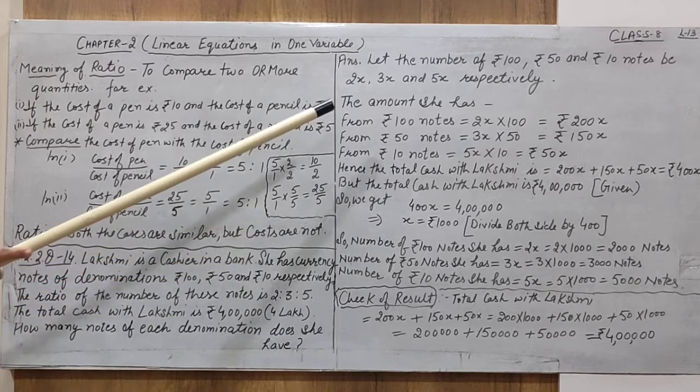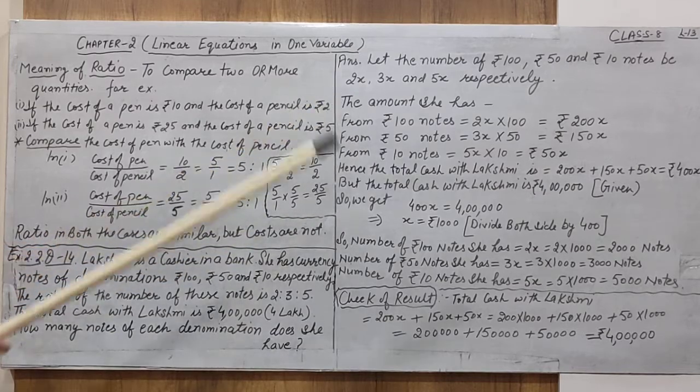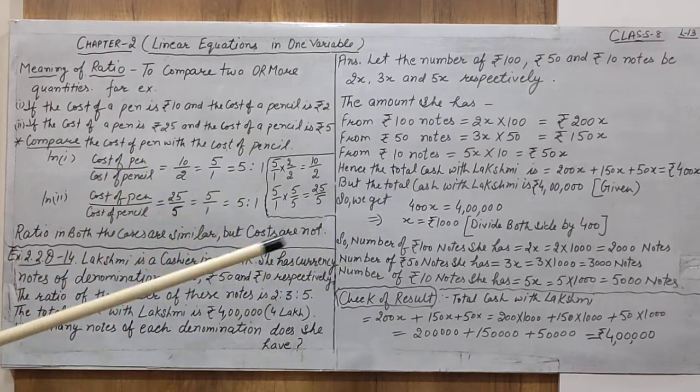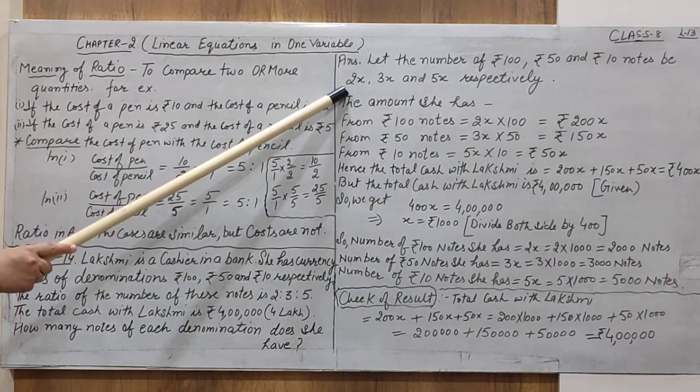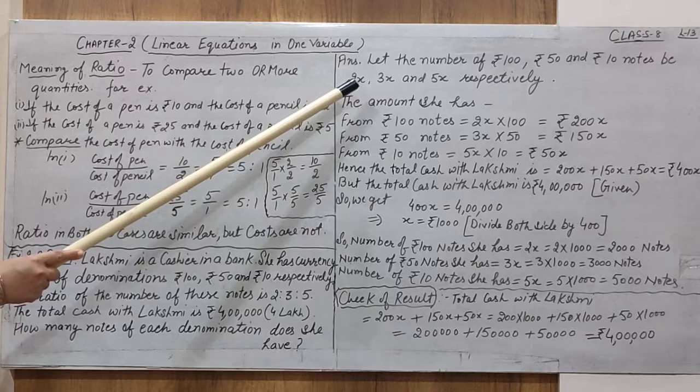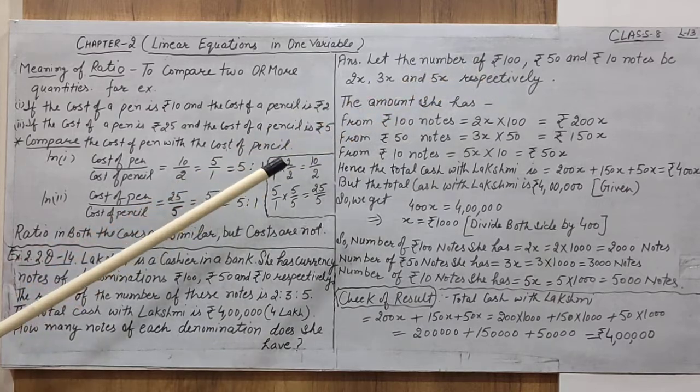Now, the amount she has. Now, this is understandable कि 100 rupees के हमारे पास 2x नोट है. Alright, ये तो समझ आ गया. Now, इससे amount कितना बना total?